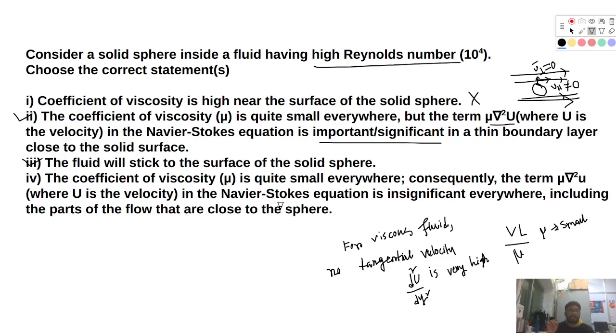Whatever the Reynolds number is, there is some amount of viscosity. This is clearly not inviscid. So the fluid will definitely stick, but that amount of sticking will not be very high. So if 2 is correct, then 4 cannot be correct. So 2 and 3 are correct.